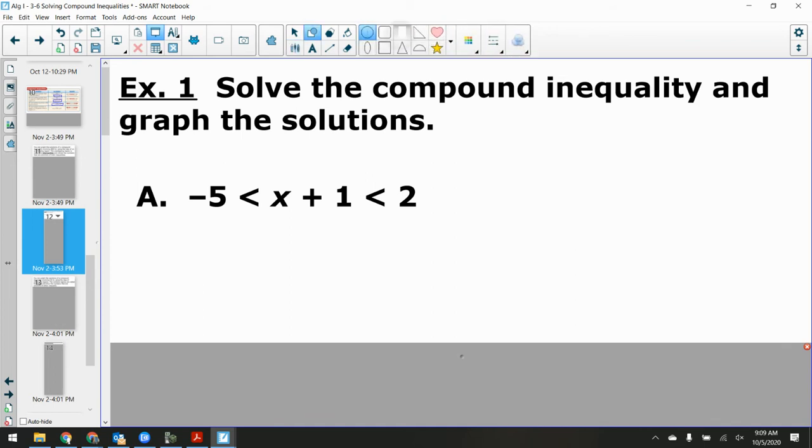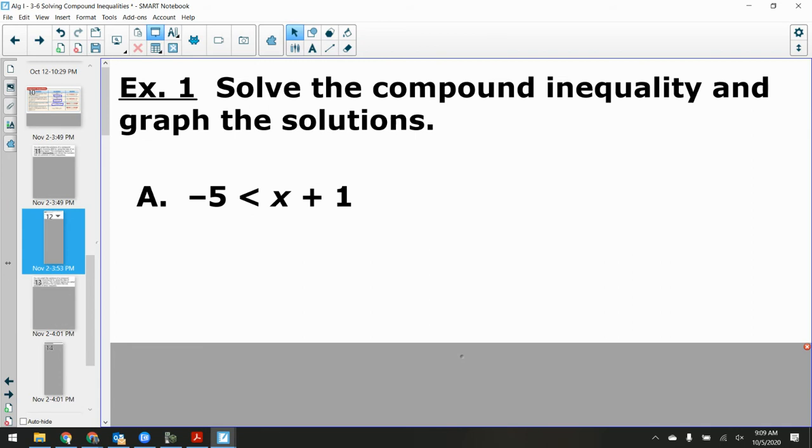Consider the following. How would I solve that? Subtract 1. How would I solve this? So if I'm doing the same thing, can't I solve them both in the same way at the same time?